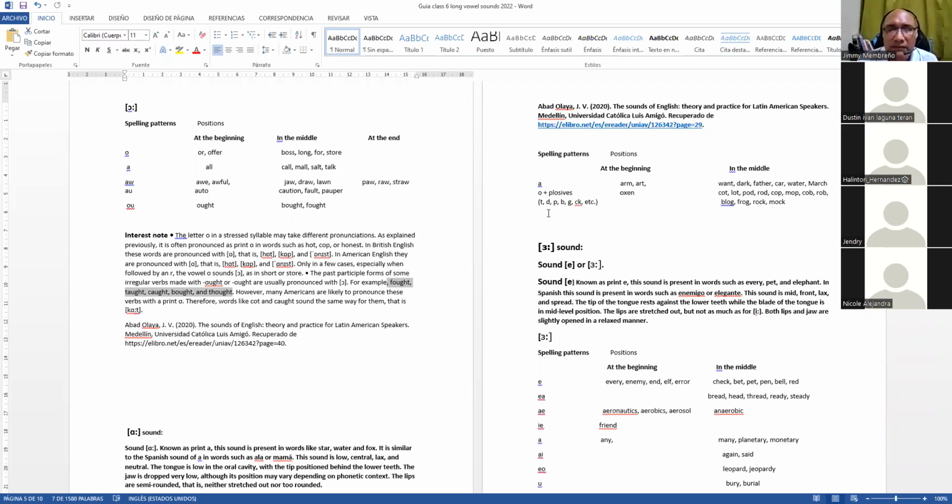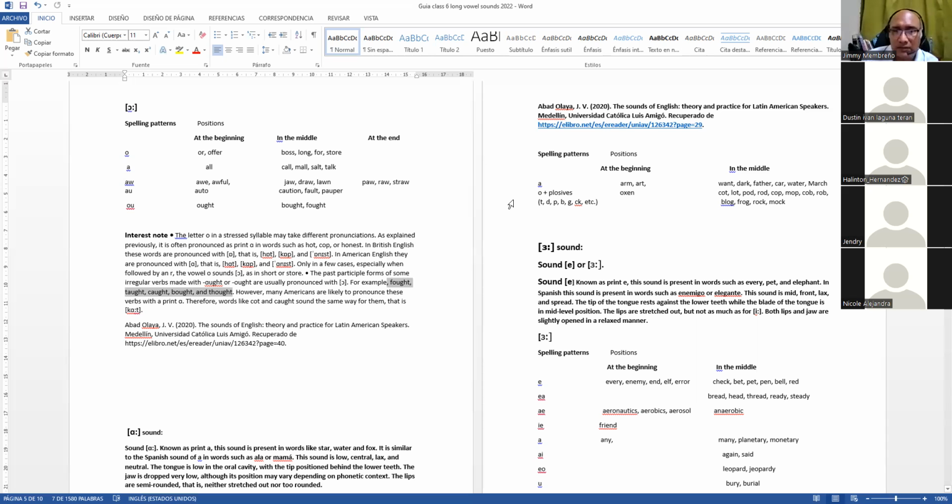And then we have the letter O plus plosive sound, like oxen. It's not oxen, it's oxen. And in the middle we have blog, frog, rock, mock, right? So it's very easy. It's because we have that sound.